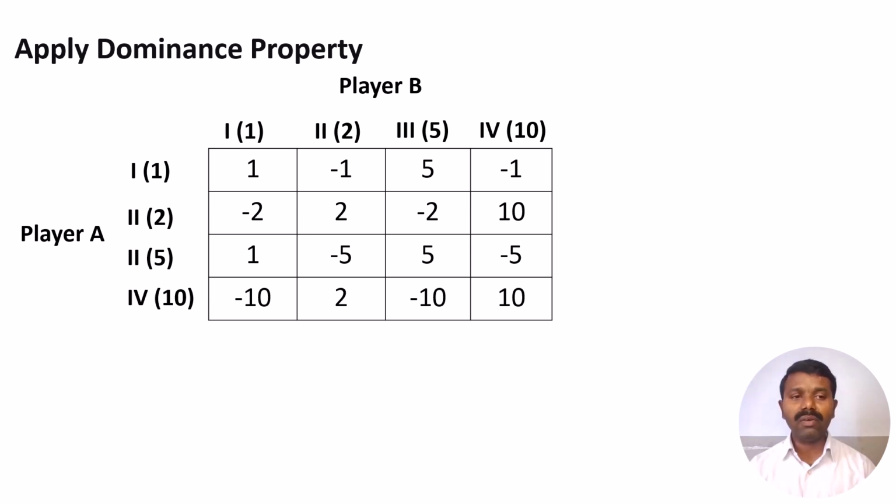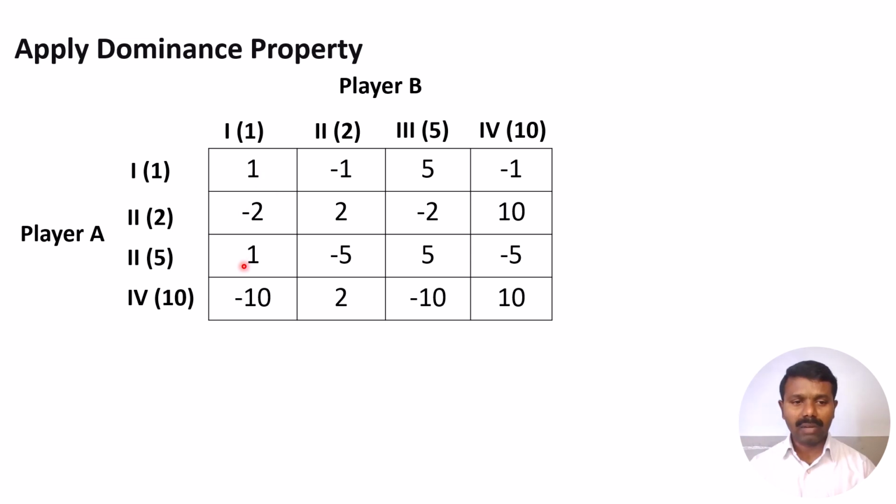So here we will be applying the dominance property, first for the rows. Now you see this is the first row and this is the second row. If you compare these two, 1 is dominating minus 2, but minus 1 is not dominating 2. So we can't cancel the second row.